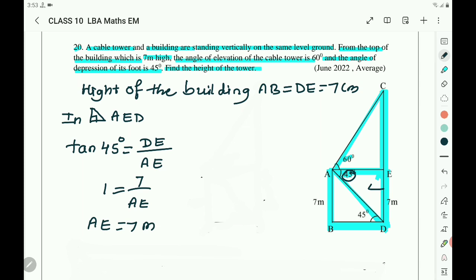To get the height of the tower, find CE. Which triangle do we have to use? We have to use the triangle AEC. Here angle AEC is a right angle.